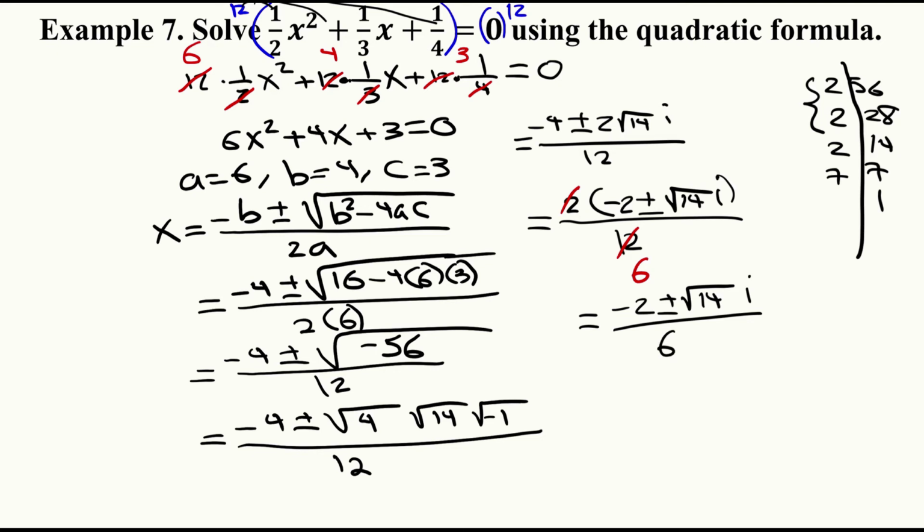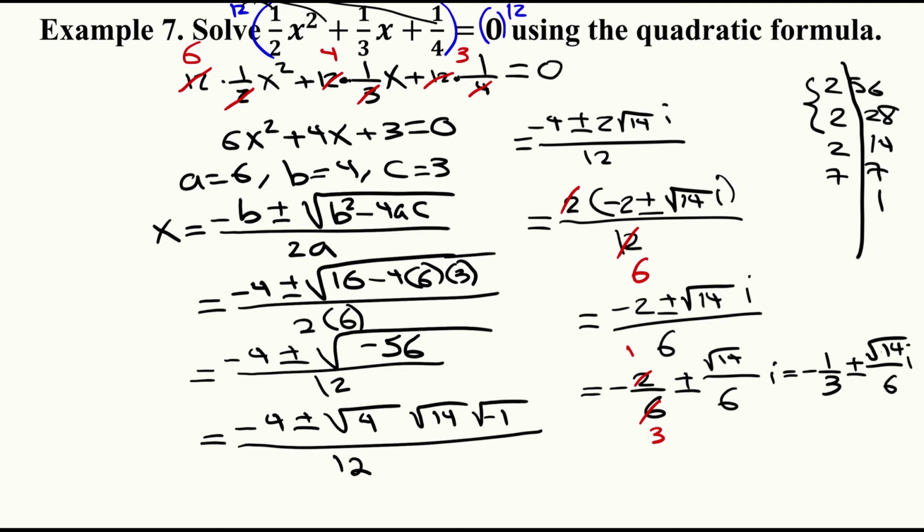Remember that we want to put that in standard complex form, so we get negative 2/6 plus or minus square root of 14 over 6i, and we notice more simplification possible here. We're left with 1 and 3. So finally we have negative 1/3 plus or minus square root of 14 over 6i, like that.